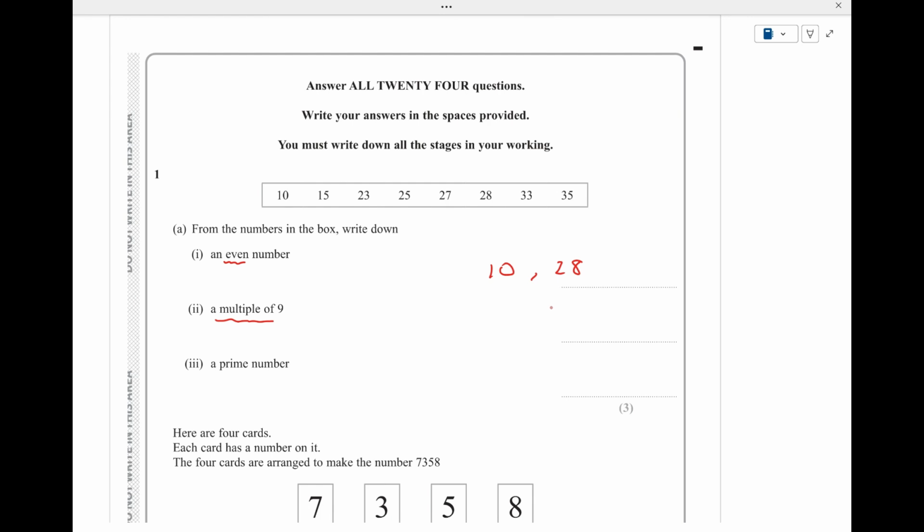You could have 27. 3 9s are 27. A prime number. Now, a prime number is a number which has exactly 2 factors. Not 1 factor, so not 1, but 2 factors. So your choices here are 23. In fact, that is the only prime number there, 23.